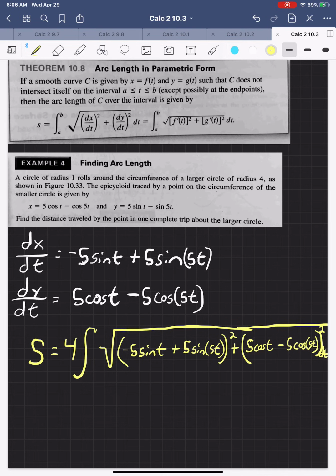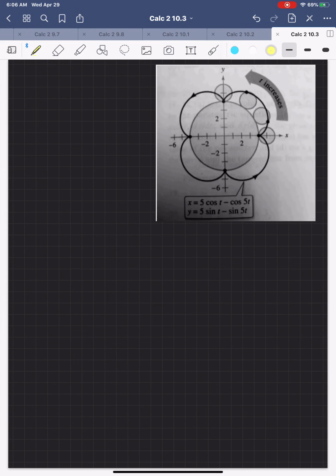So let me show you first. You would have to find the t value from 0 to here, which is not bad if you think about it for just a second. Don't you agree that this is basically just 90 degrees? Pi over 2?